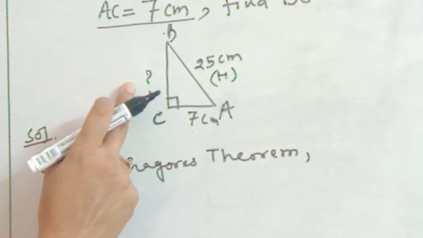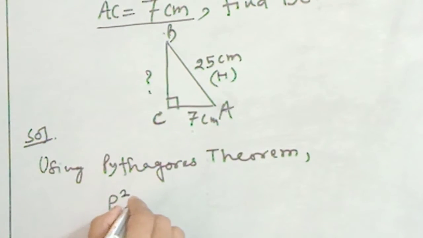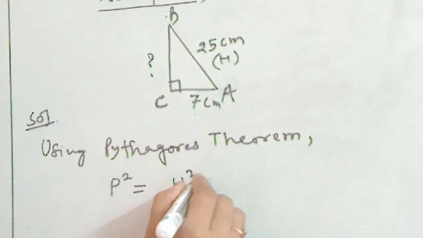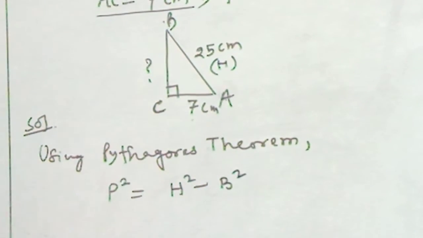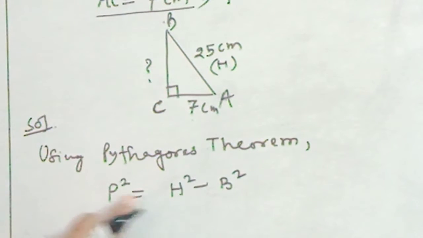So to find the missing side, perpendicular, perpendicular square is equal to hypotenuse square minus base square. Understood? Now hypotenuse is given, so if you subtract the square of the remaining side from the hypotenuse square, then you will get the square of the other side.